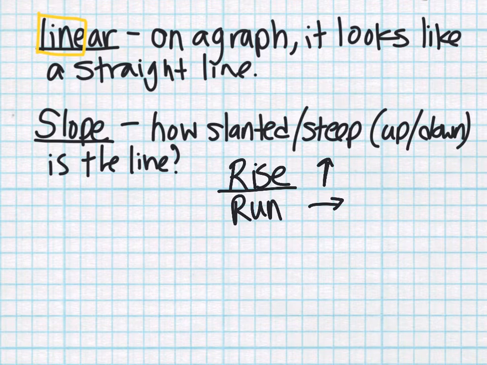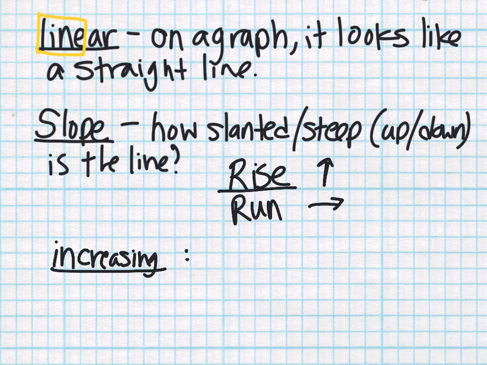A slope can either be increasing or decreasing. Increasing is going to look like this on a graph. I'm going to draw a little quick sketch. So here's a little tiny baby graph. If I have a slope that's increasing, it's going to look like that.